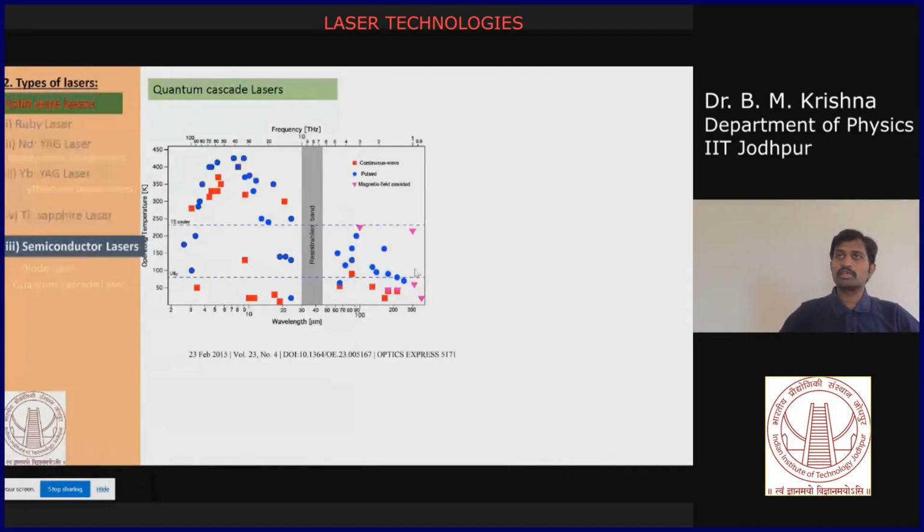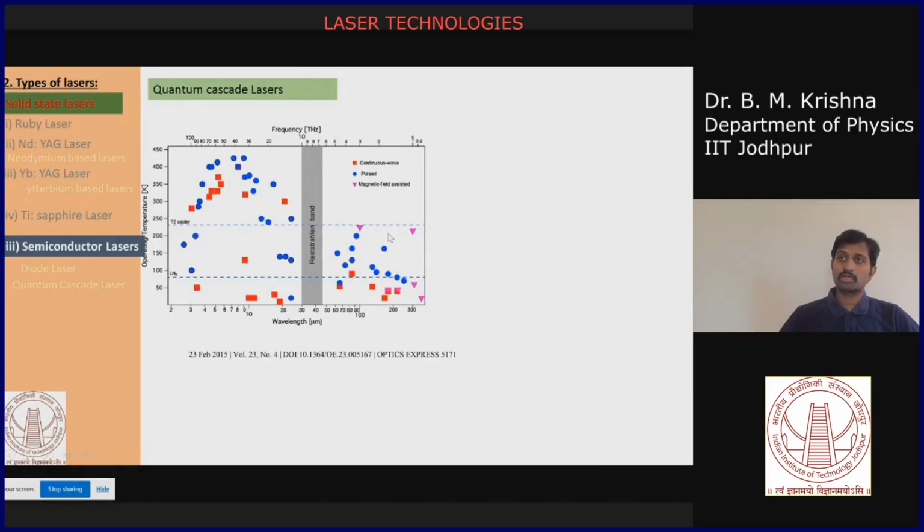Different quantum cascade lasers which are available now. So now you see on the x-axis it's wavelength in micrometers, and on the y-axis it's the operating temperature. As we know, these generally work in low temperature conditions.